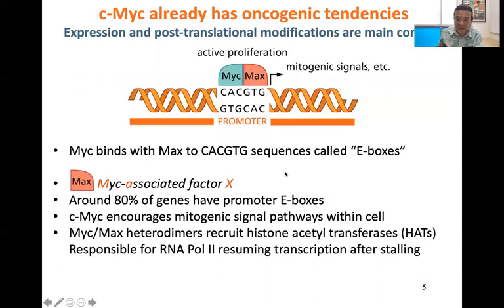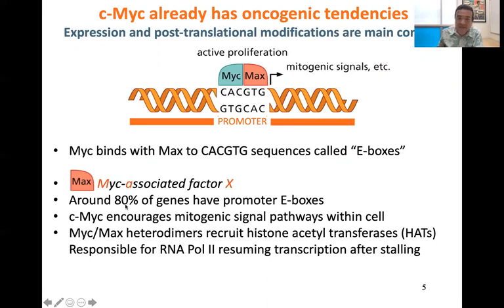We call this particular sequence an E-box, CACGTG. This would be the consensus. So throughout the genome, you'd find slight variations of this, but the most popular one would be CACGTG.